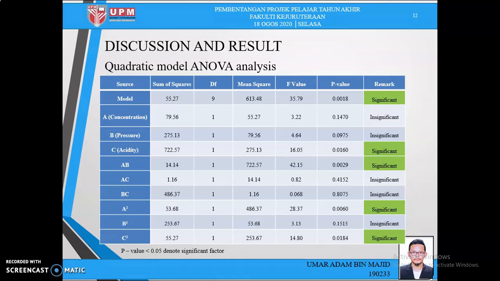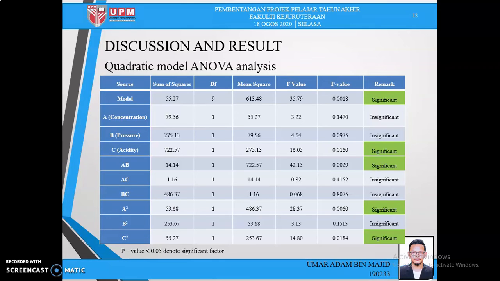The main factors A, B, and C are the main factors, and the interacting factors are AB, AC, and BC, but we can see that only AC and BC are insignificant. So I can conclude that the acidity factor, factor C, is insignificant, so the factors interacting with the acidity factor will also be insignificant.